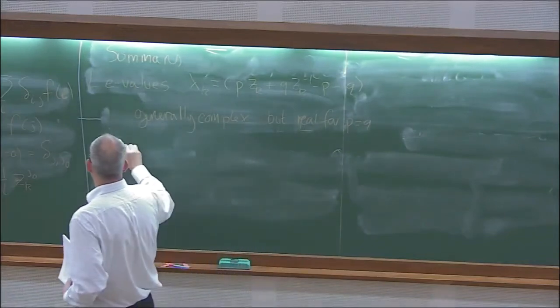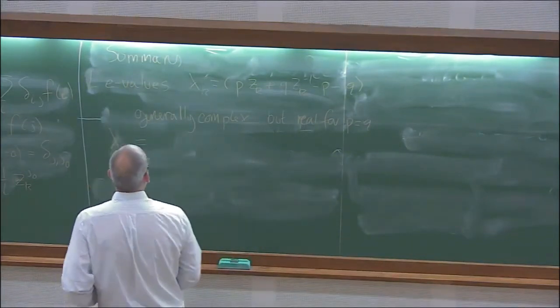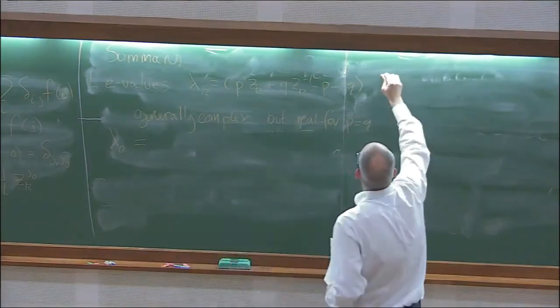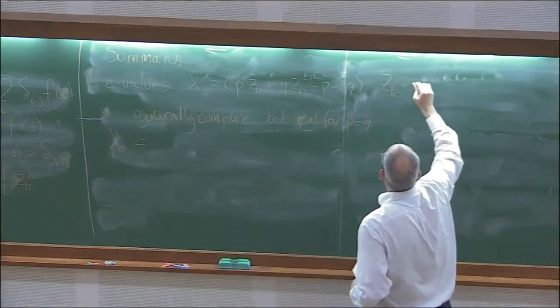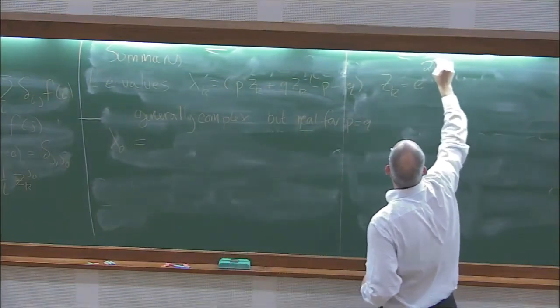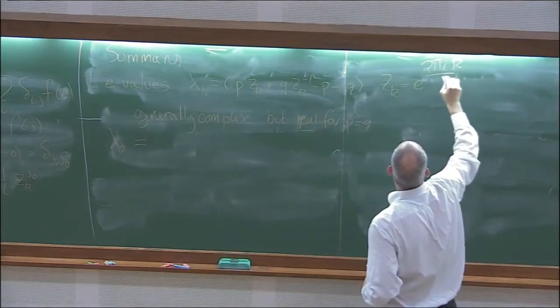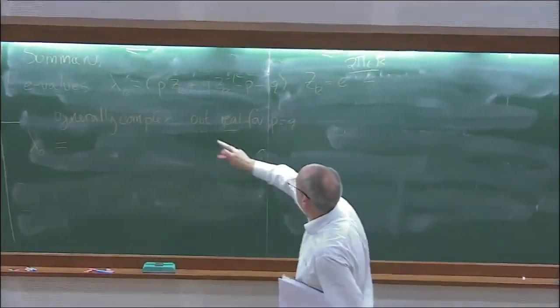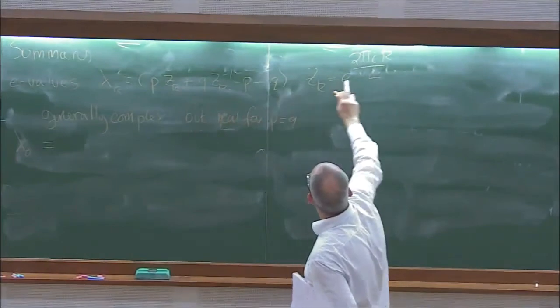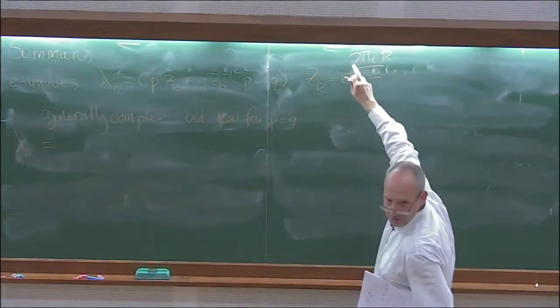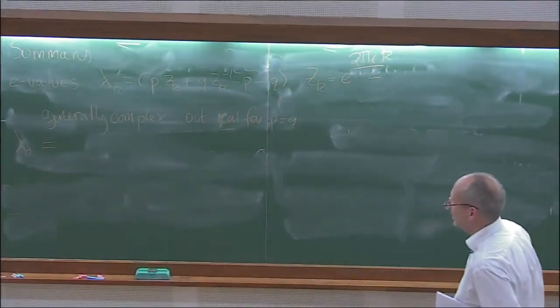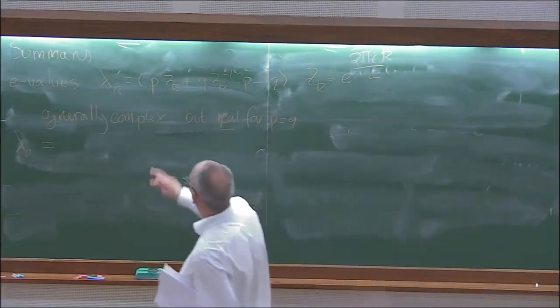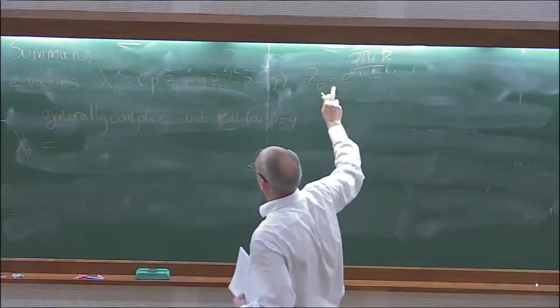So lambda_0, okay, I should have written here z_k equals e to the 2 pi i k over L. So then you see that for p equals q, z_k plus z_k to the minus 1 is going to give a cosine. Also, for k equals 0, z_k is just 1.